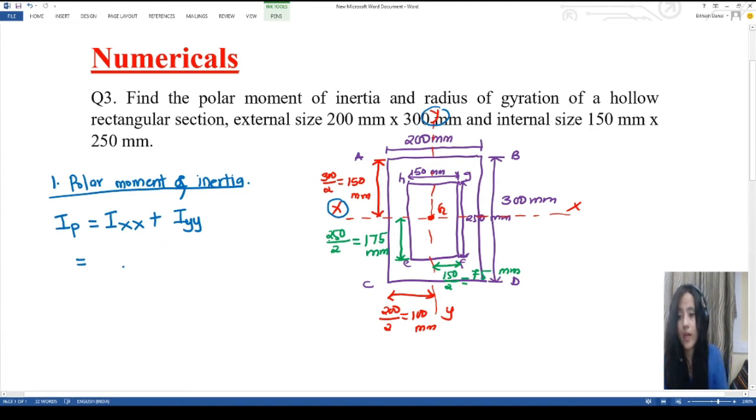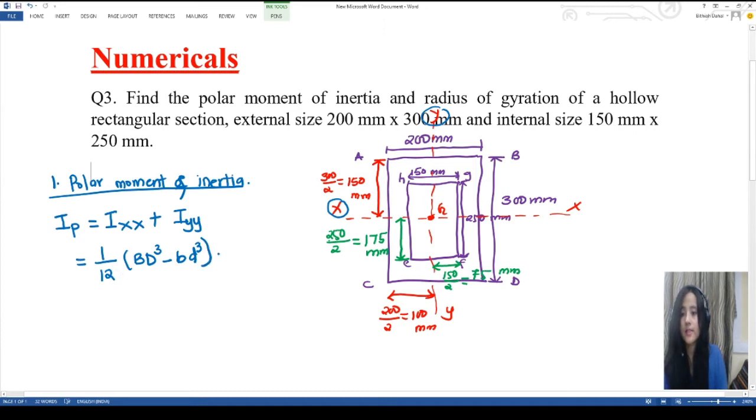So Ixx for this hollow rectangular section will be equal to 1 by 12 (BD cube minus bd cube), right?